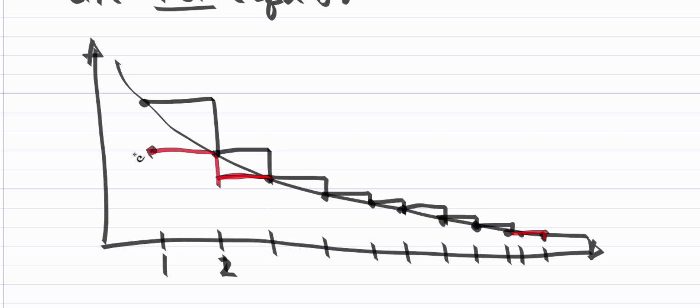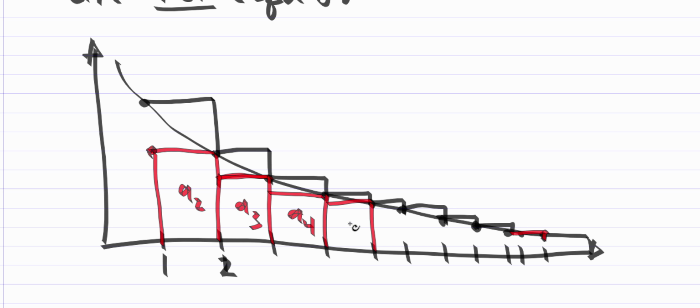The area under here will be A2, the area under here will be A3, the area under here will be A4, and so this integral is actually an upper bound on the sum where we've left out A1, where I just add A2, A3, A4, A5. Whereas these areas are A1, A2, A3, and so on.